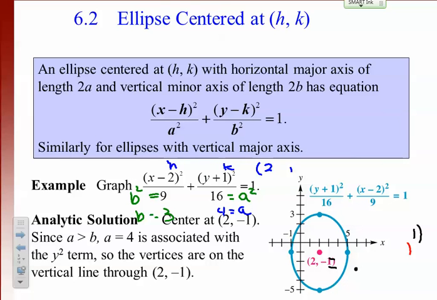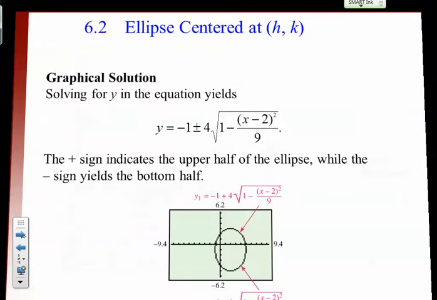It's centered at 2, -1, and we know it's going to be taller vertically, and it goes through 2, 3, so we know the major axis is going to be longer vertically than it is horizontally.